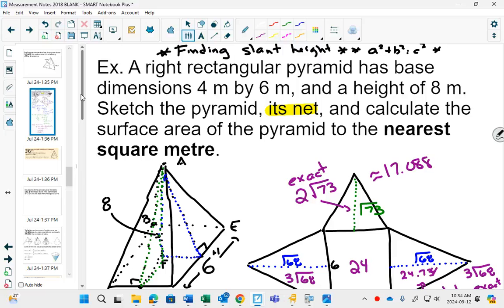This is a special kind of question where we had to do extra work, where we had to find the slant height. This kind of question is going to come up a fair bit. So maybe you want to label it in this question, because this will be one you're going to go back and study and practice a little bit more, because it's a little bit more involved.